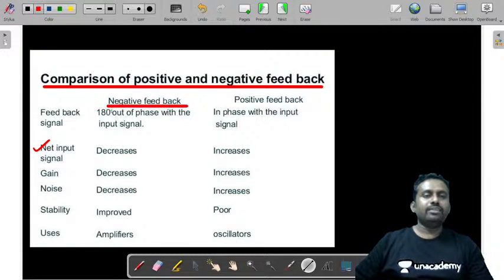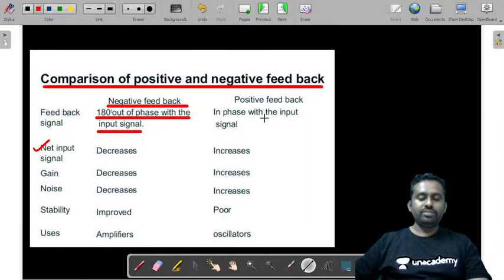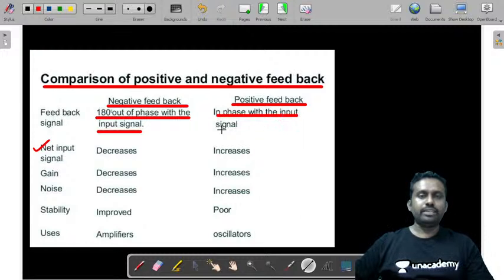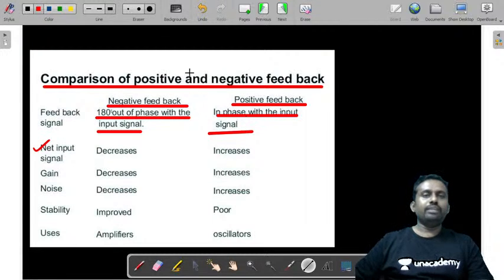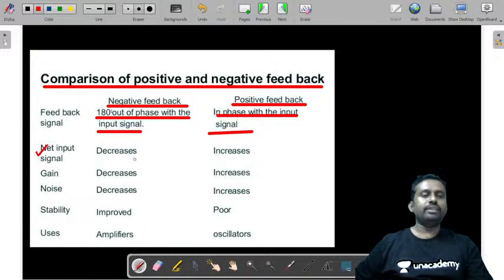Negative feedback is 180 degrees out of phase, as I told you, with the input signal, and positive feedback is in phase with the input signal. If you compare these two, the net input signal decreases in case of negative feedback, and it increases in case of positive feedback. The gain of the system will decrease in case of negative feedback, and gain will increase in case of a positive feedback system.